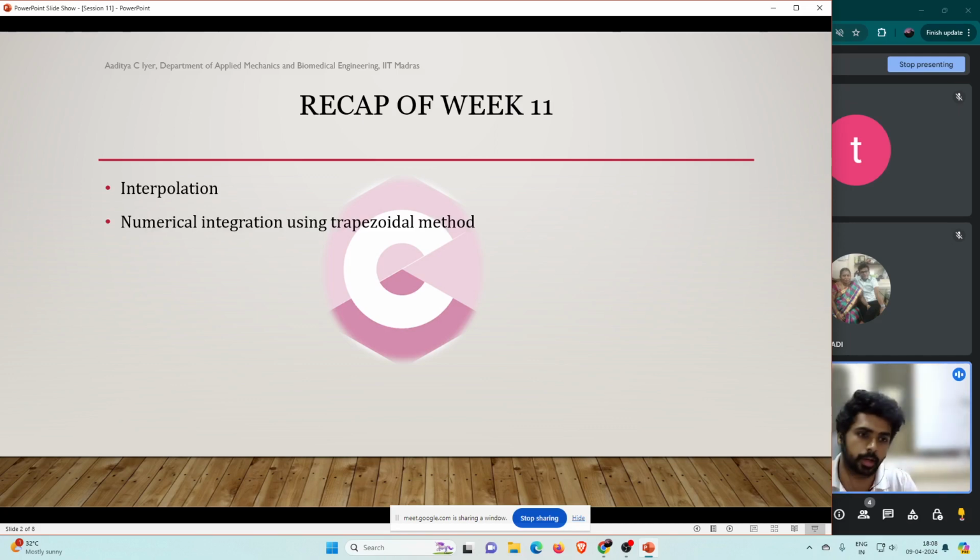Then we saw numerical integration using the trapezoidal method. The trapezoidal method uses the fact that a curve can be split into multiple line segments. Integration is basically the area under a curve within certain limits.